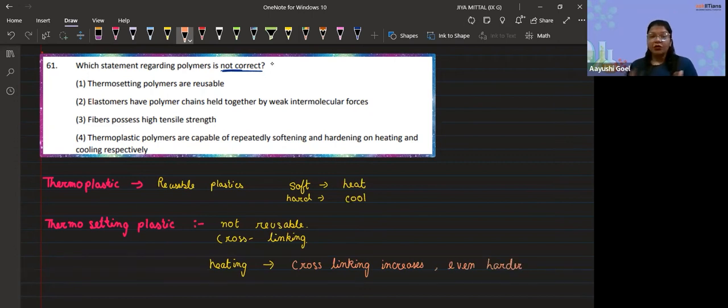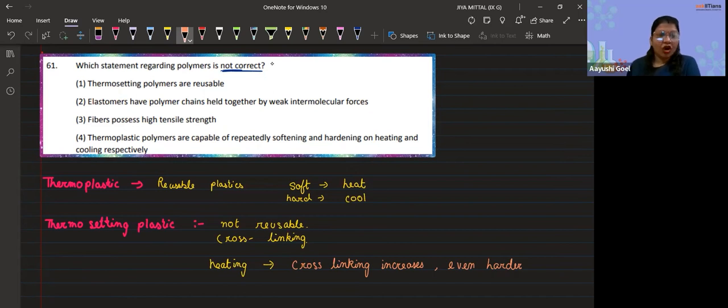So they are not reusable. We cannot give them a shape again and again. An example of thermosetting plastic is Bakelite. In thermoplastics, we can give examples like normal plastic, polyethylene or PVC. So thermoplastics are reusable and thermosettings are non-reusable.